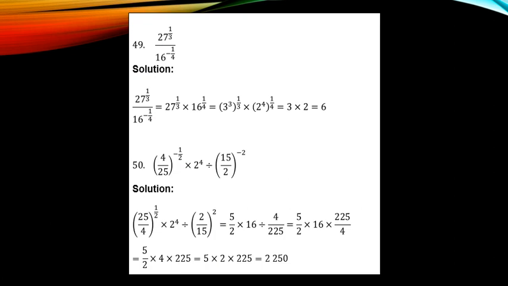Example 49. We have 27 to the power of 1 over 3 over 16 to the power of minus 1 over 4. This negative power needs to be positive.